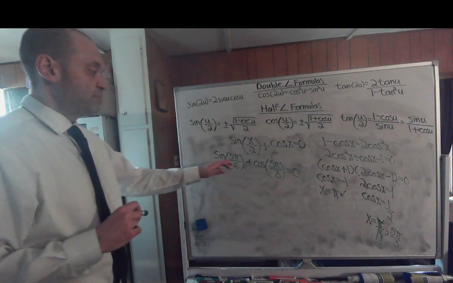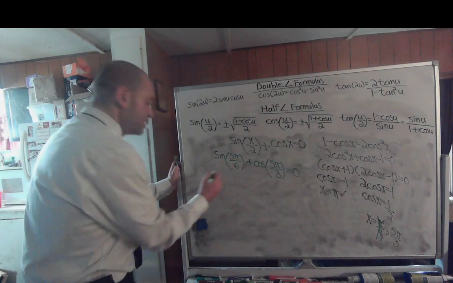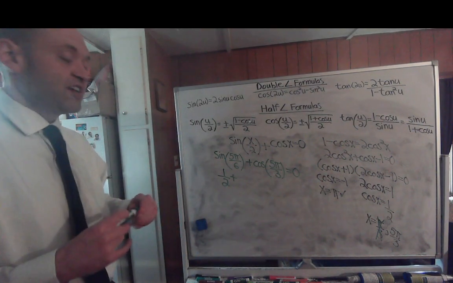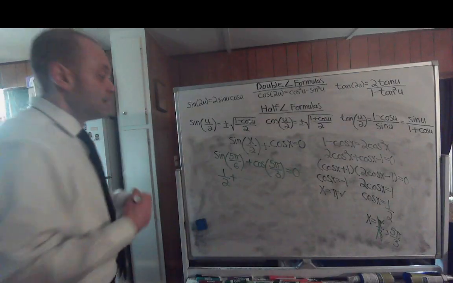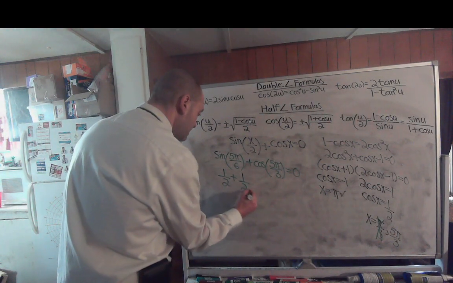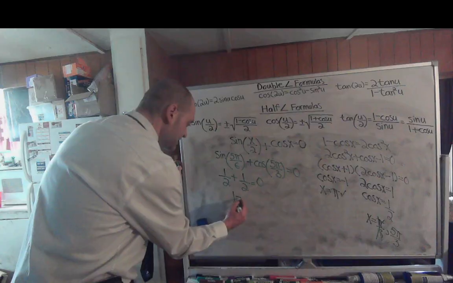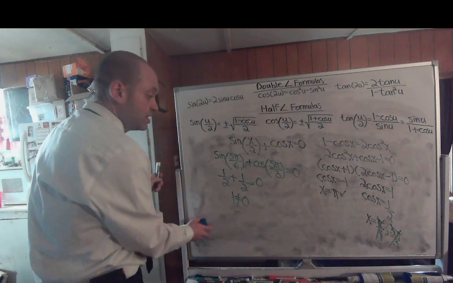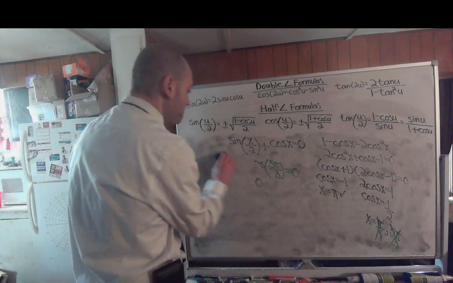What's the sine of 5 pi over 6? So that's the sine of a 30-degree angle in the second quadrant. That would give you positive 1/2 plus what is the cosine of 5 pi over 3? So that's the cosine of a 60-degree angle. That's another 1/2. So that's like saying 1/2 plus 1/2 equals 0. That's like saying 1 equals 0. Again, that's just not true. So 5 pi over 3 is also an extraneous solution. So we only have one verifiable solution to this equation, and that's pi.